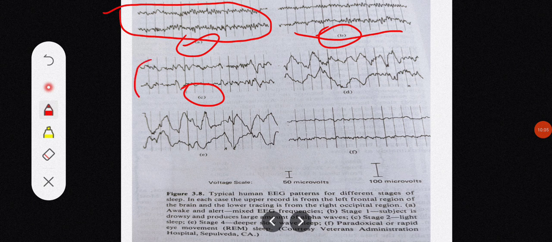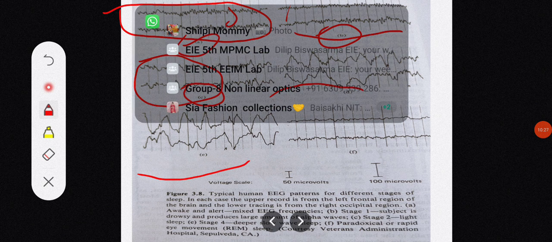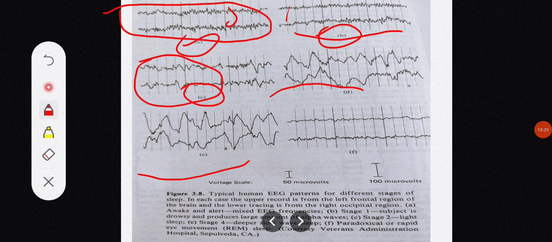You can see the amplitude is somewhat greater than the previous two waveforms, and the frequency is also decreasing. Now as soon as the person goes into deeper sleep, you can see the amplitude keeps on increasing and the frequency keeps on decreasing. So this is how amplitude and frequency get affected by the mental activity of the brain.